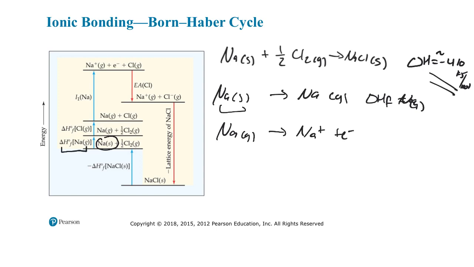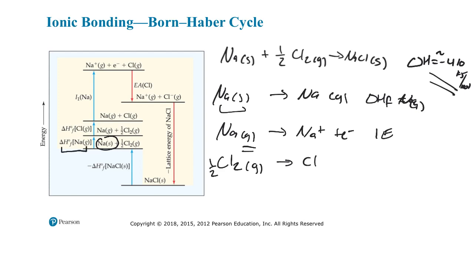In chapter 7, all of those ionization energies for like sodium and for potassium, all the ionization energies given are for the gaseous atom. So this is the ionization energy of sodium, and then the Cl2, half mole of this substance has to break that bond to form Cl atoms.